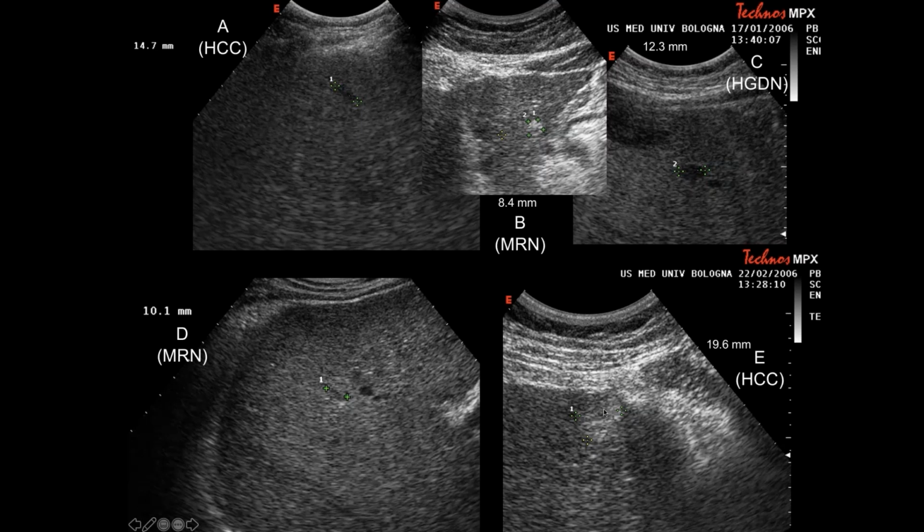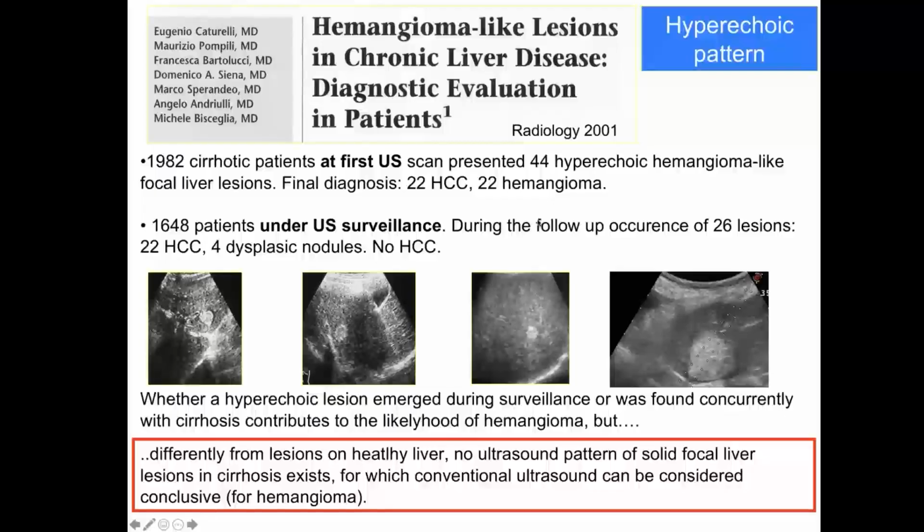This was resected, it was an HCC, and this was stable over several years and was addressed as a regenerative nodule. So even in the instance of hyperechoic lesions, when seen out of a condition of suspicion, in a patient not at risk for HCC, they are classified as hemangioma.